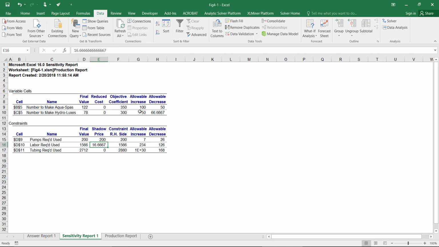And then you can see two more columns at the end of the tables. One of them represents the values by which we can increase the objective coefficient, in a specific range. For example, I can increase the coefficient of the first variable by 100 and decrease it by 50 units.